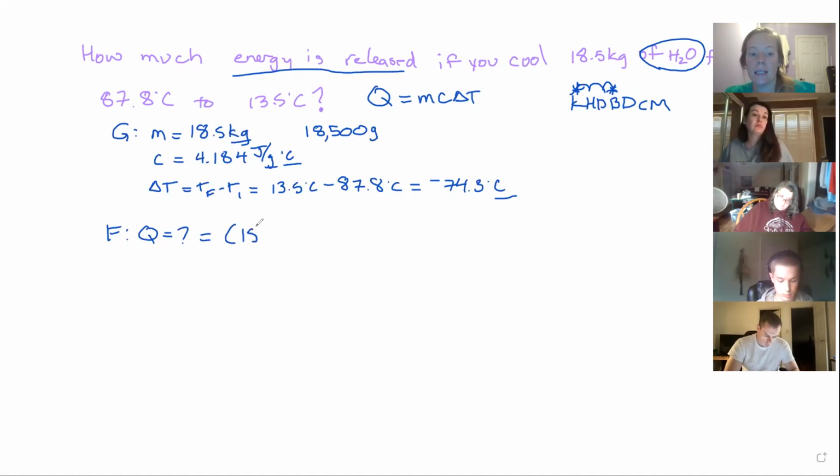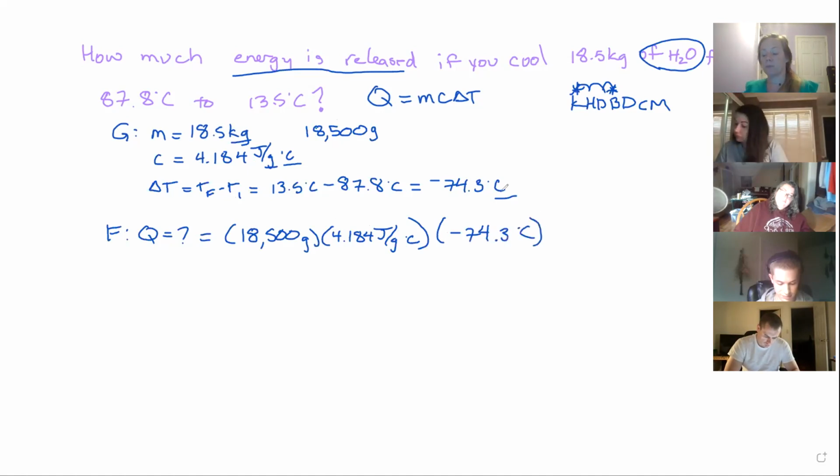Now we plug that into our equation. The mass, 18,500 grams times 4.184 joules per gram degree Celsius times the negative 74.3 degrees C. And we end up with a big number. Well, a big negative number.